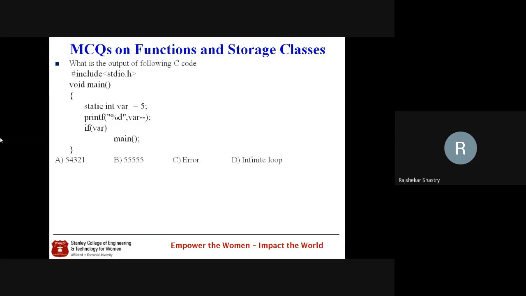So till now 5 and 4 are printed. The third time we call, var is holding 3, 3 will be printed, it gets decremented to 2, and 2 is passed to the if condition, which is non-zero. So again recalling, var is holding 2, 2 will be printed, it gets decremented to 1, and 1 is passed, and main is recursively called.